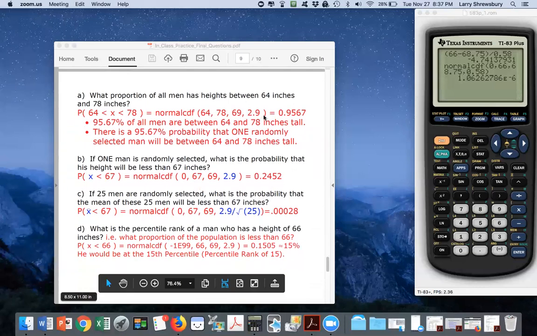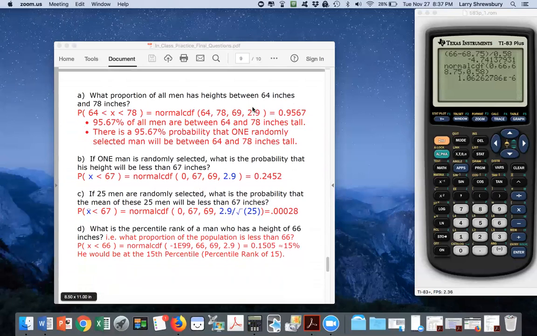So the first one, notice we're using 2.9, the population standard deviation. It's the proportion of all men between 64 and 78 inches tall. And it's also the probability of 1 randomly selected man being between 64 and 78 inches tall. Now, the probability of 1 randomly selected being less than 67 inches. So anything way off to the left, 0 works, but you could use negative 1e99 if you want.